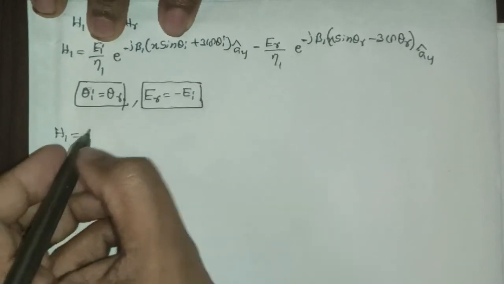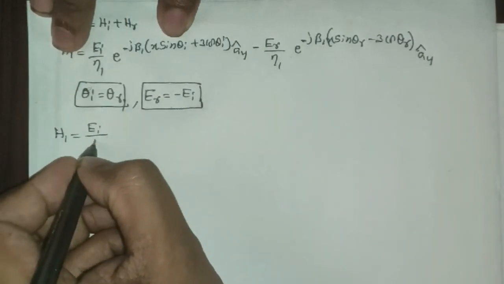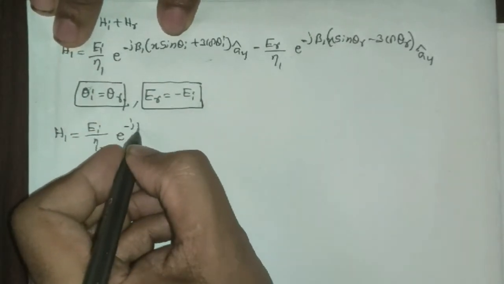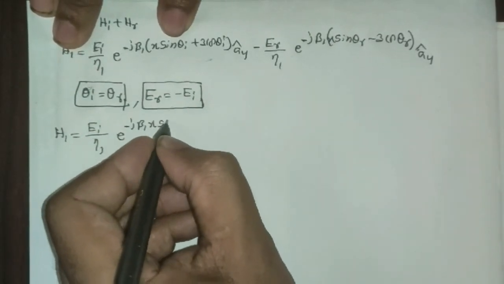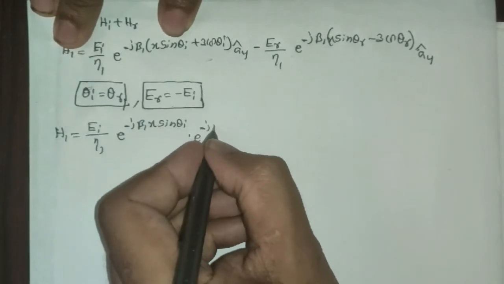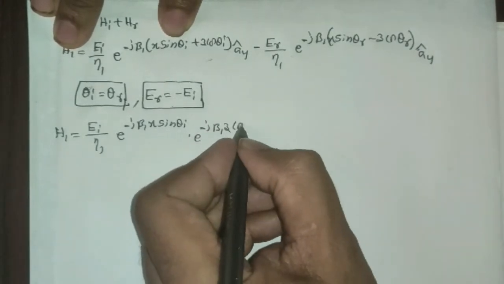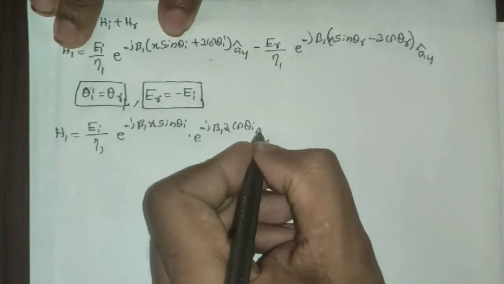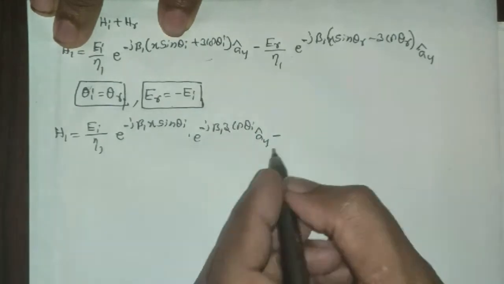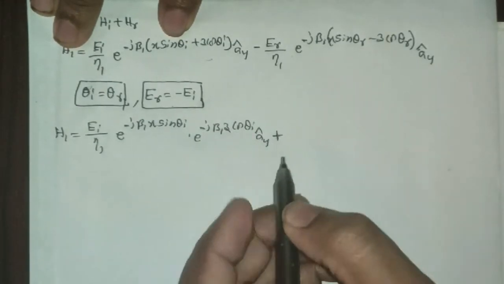Then we have H1 equal to EI by eta 1 into, now expand this equation, e power of minus j beta 1x sin theta I, again e power of minus j beta 1 z cos theta I into ay cap. Similarly, minus, since ER equals minus EI, so minus minus becomes plus.